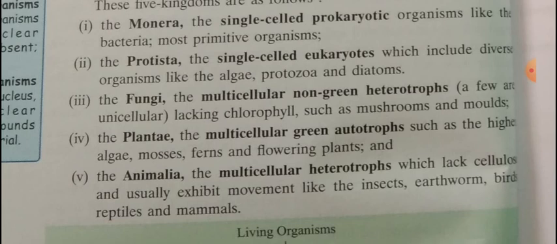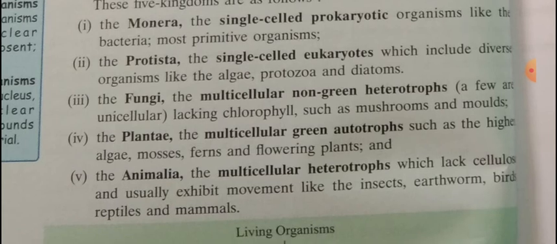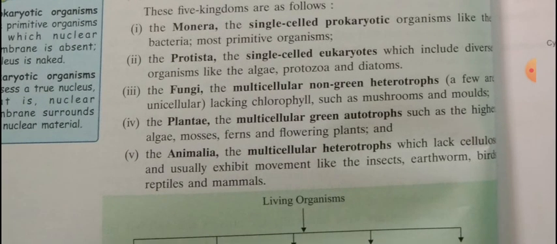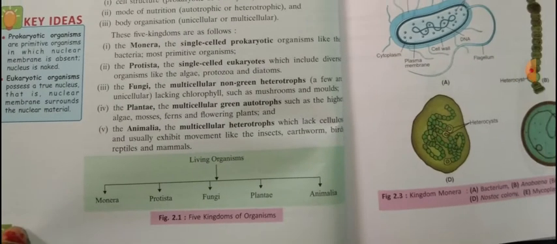Okay, and a few were unicellular also, lacking chlorophyll, such as mushrooms and molds. Then we have plantae, that is multicellular green autotrophs like higher algae, mosses, ferns, flowering plants, etc. And the fifth and the last group was Animalia, multicellular heterotrophs, which lacked cellulose and usually exhibit movement like the insects, earthworm, birds, reptiles, and mammals.